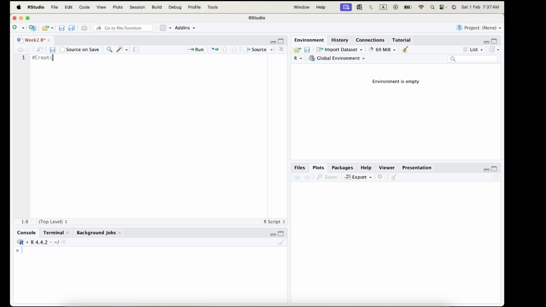So let's do that, creating a data frame in R. First things first, we can decide on the columns.